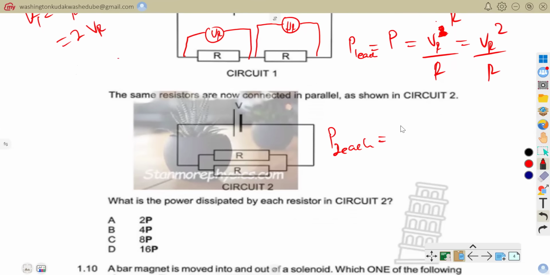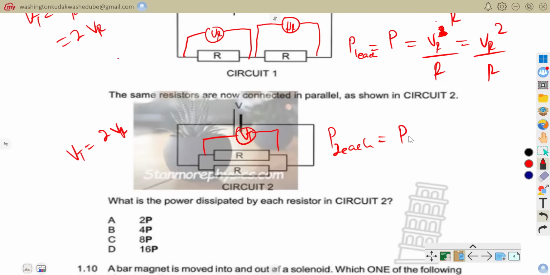You will see that the power there will now be equal to the voltage across each resistor, which is now V total, because this is voltage in parallel. And we said V total is equal to 2VR.